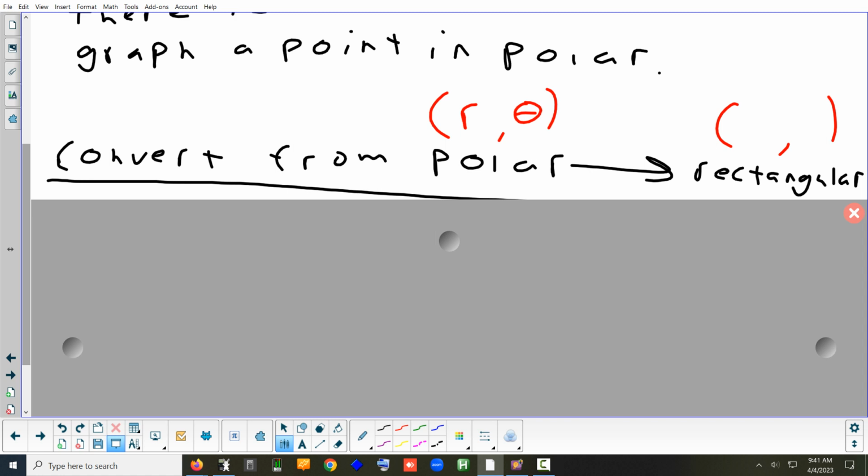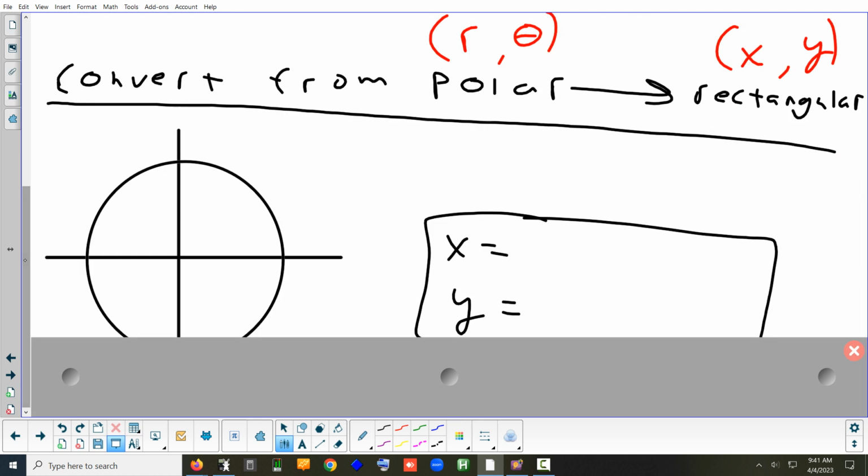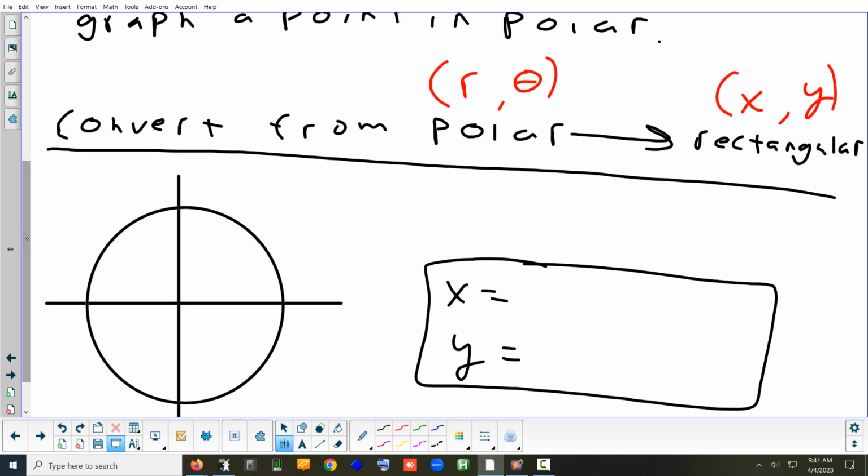It's not a radius and an angle. It would be an x and a y. So the goal when you are changing from polar to rectangular is to get rid of the r and the theta and somehow have an x and a y. Okay. So let's pretend like we had a point in polar. Let's take this point right there.